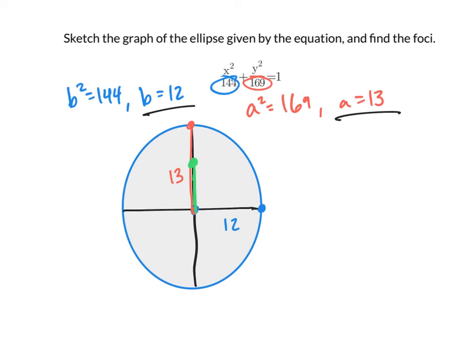I don't know where the focus is, so I'm kind of guessing. But what I do know is that this is like that. Okay, so this is 13, this is 12, this is my C, which is my length from my focus to my center, and that's the thing I need to find.